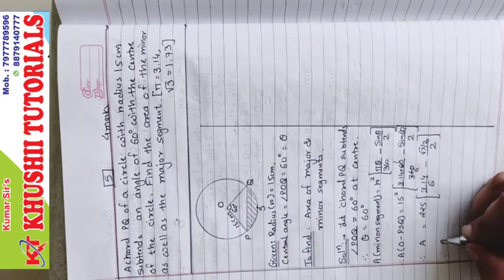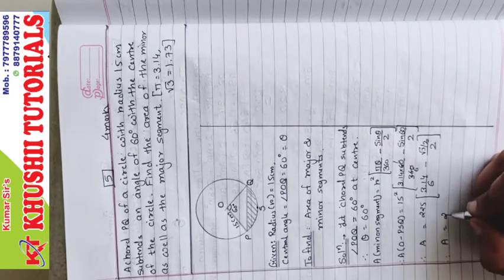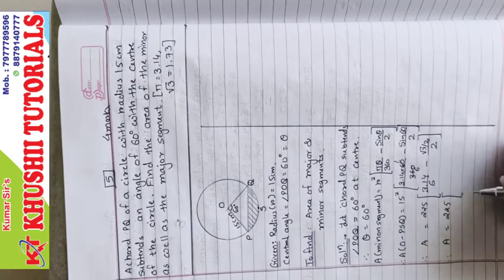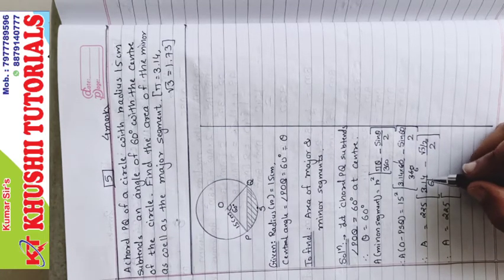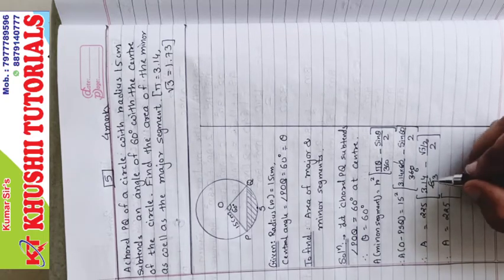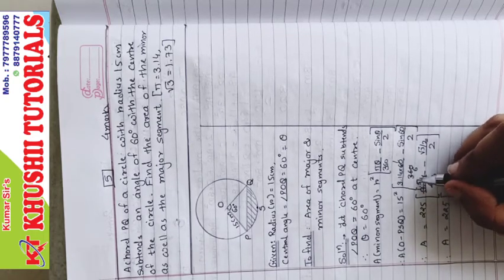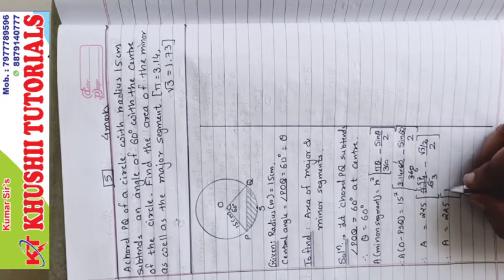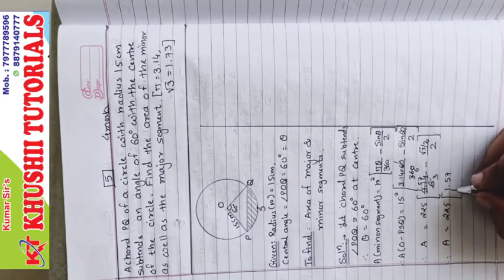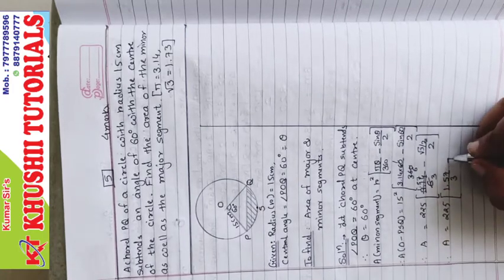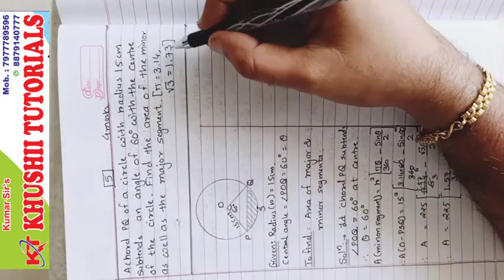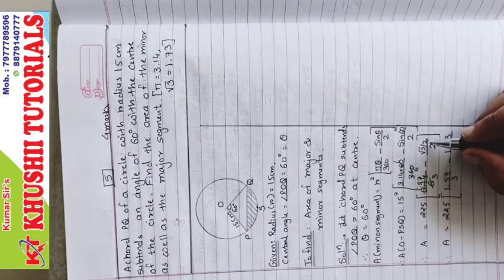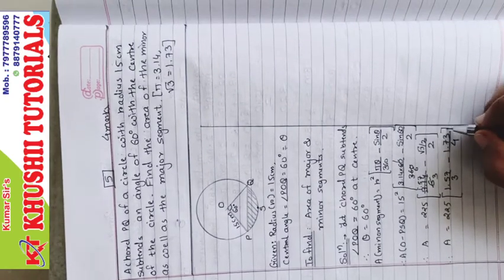Therefore area equal to 225. Now here 6 both are even numbers, so we will cancel out 3 and 1.57. So 1.57 upon 3 minus root 3 value is 1.73. It is given here 1.73 upon 2 is upon 4.